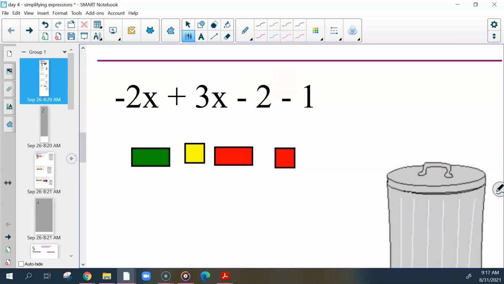Let's do one more of these and then we'll go to a harder one with algebra tiles. So go ahead and model negative 2x plus 3x minus 2 minus 1.